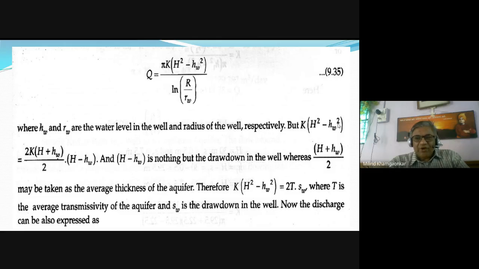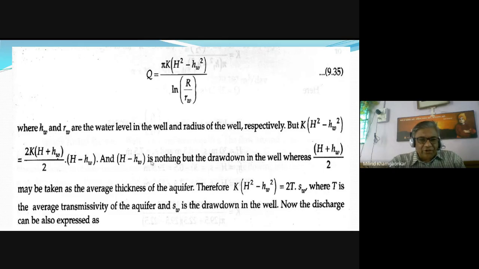As this is H square minus small hW square, it can be written as H minus HW into H plus HW. Here it is written H plus HW into H minus HW. K remains the same; we only multiplied and divided by 2.